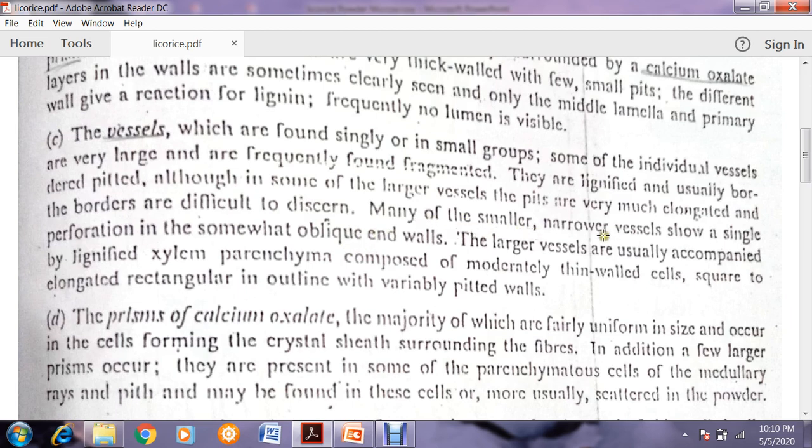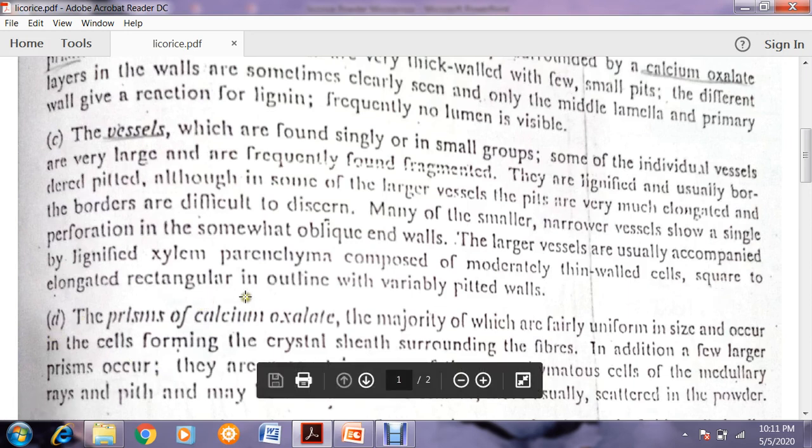Many of the smaller, narrower vessels show a single perforation in the somewhat oblique end walls. The larger vessels are usually accompanied by lignified xylem parenchyma, composed of moderately thin-walled cells, square to elongated, rectangular in outline, with variably pitted walls.